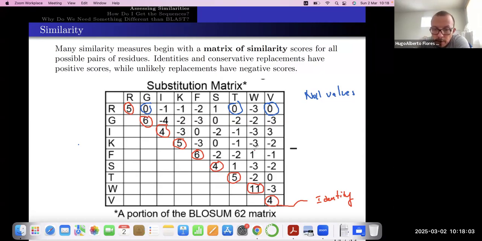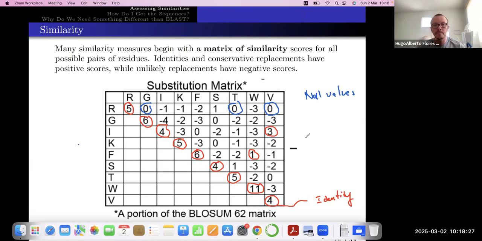In the same matrix, you can also find some other positive values like this one or this one. An identity is not necessarily the only case where you get a positive value. For these particular cases, for instance, when you get an I and a V, you are going to increase the score.